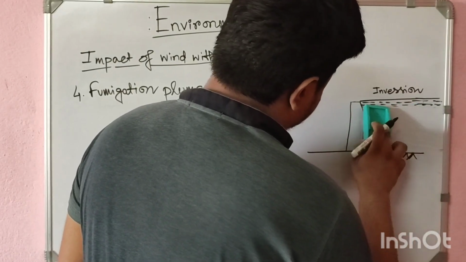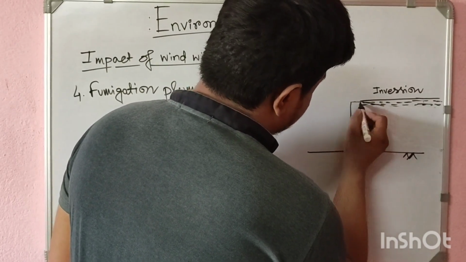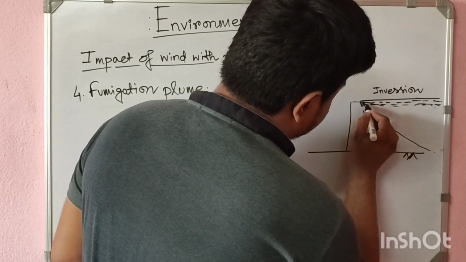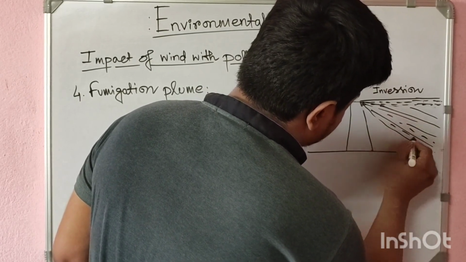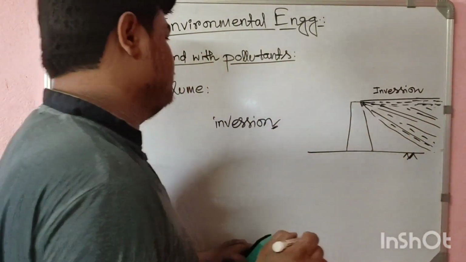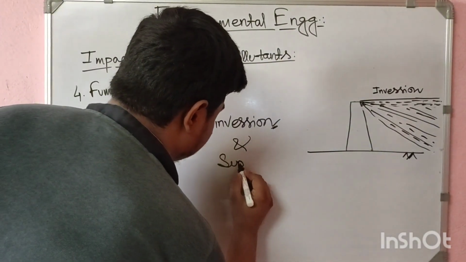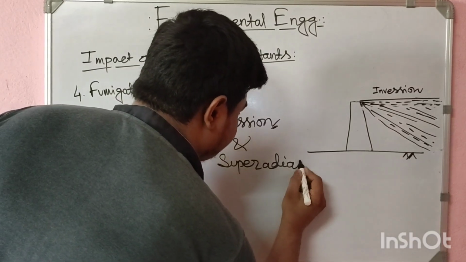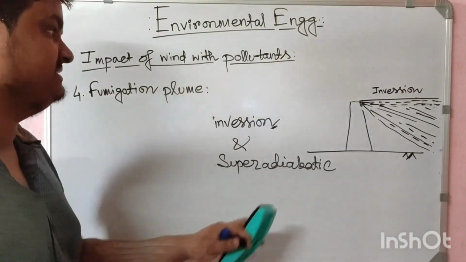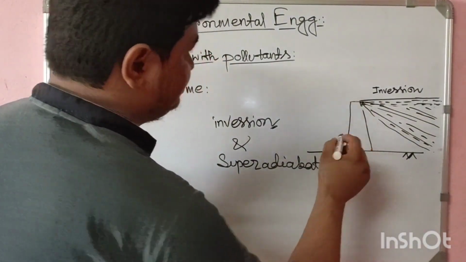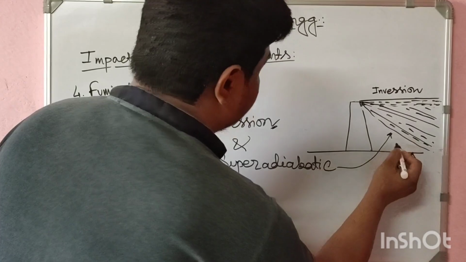Just see, this is inversion, and this is the super adiabatic condition. This happens when the stack height is generally less. So we have a super adiabatic condition here and inversion here.